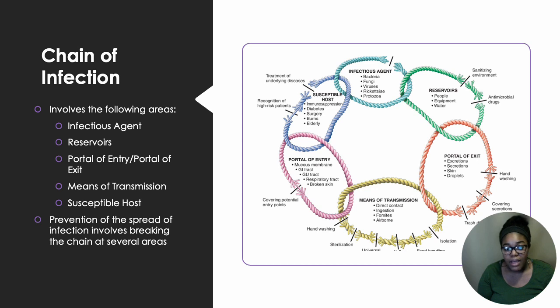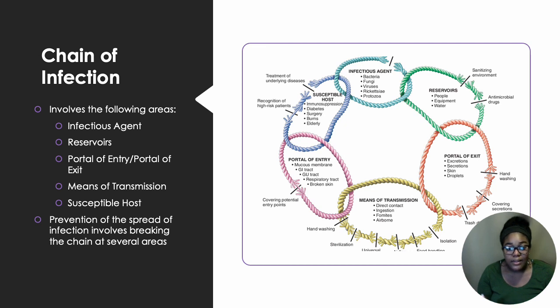So this is the method by which that infectious agent leaves the reservoir and will eventually move into the means of transmission. So you'll notice that, again, one of the first ways that you can prevent infection and break the chain is through hand washing. You want to dispose of trash, you want to cover secretions, you want to protect yourself, things along those lines.